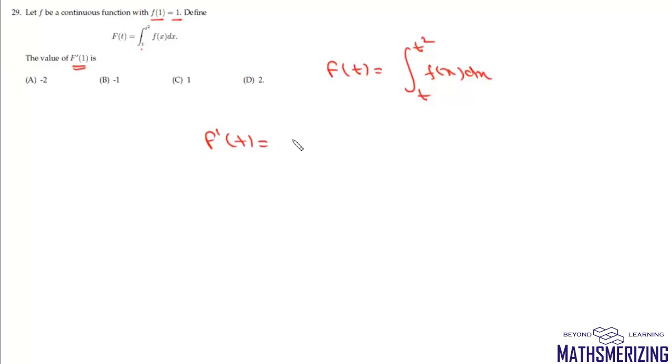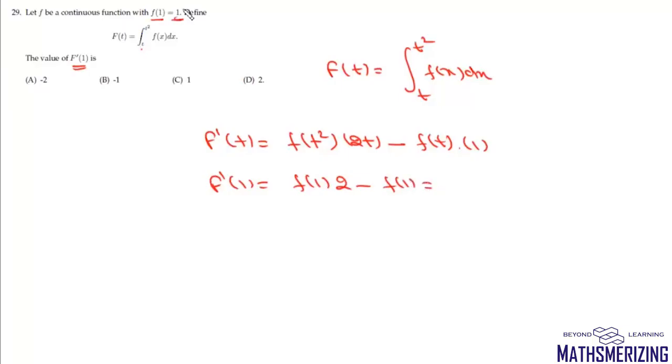We'll put in the upper limit, so we get f of t square into the derivative of the upper limit, minus f of t, since the derivative of t is 1. So F dash 1 will be f(1) into 2 minus f(1). Since f(1) is 1, it will be 2 minus 1, which is 1. And that's your option number C.